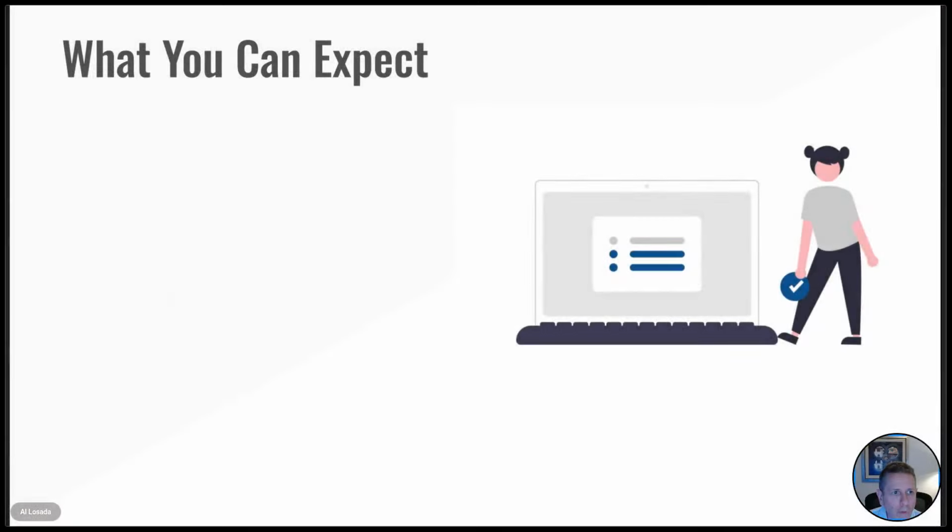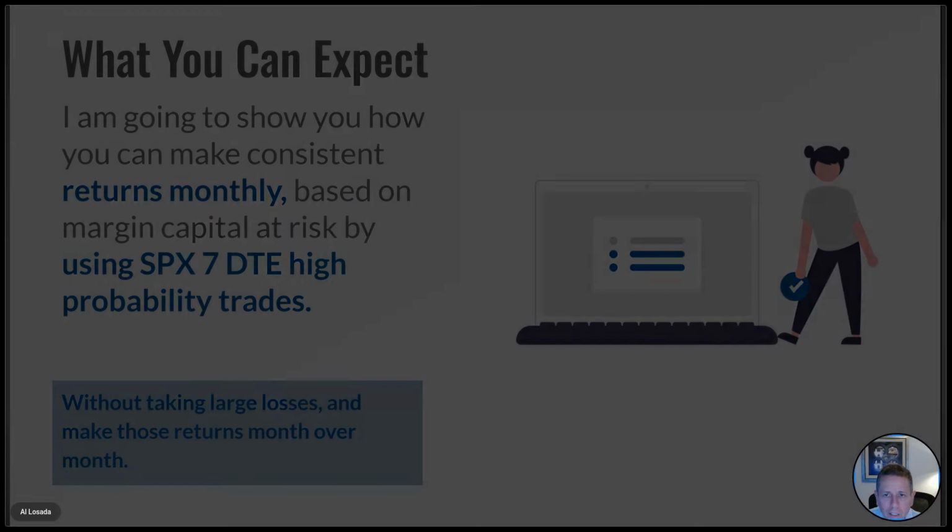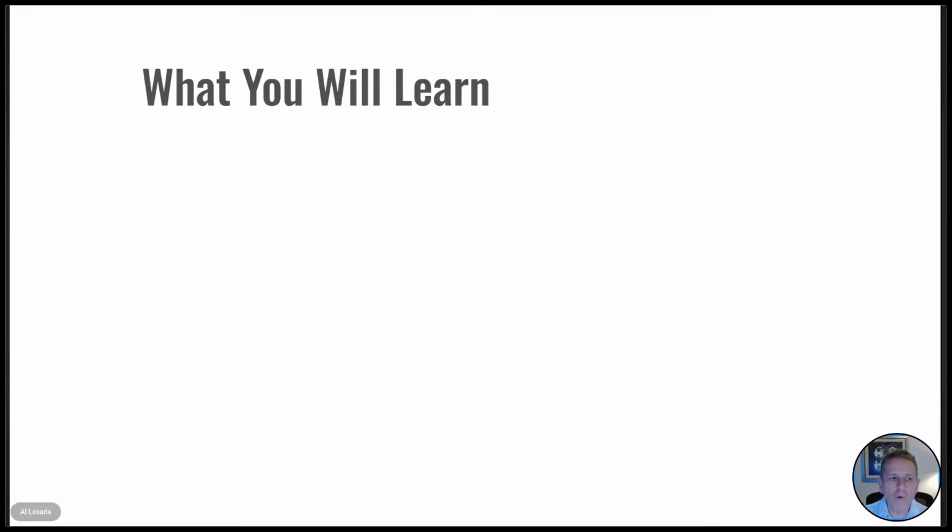So what can you expect? I'm going to show you how you can make consistent monthly returns based on margin capital at risk using 70TE high probability trades. What will you learn? Number one, how to select the right strike prices.